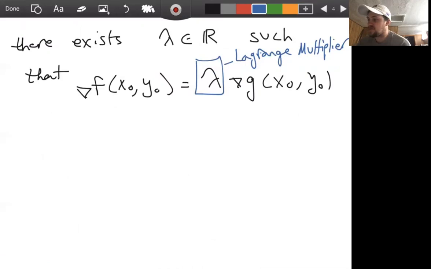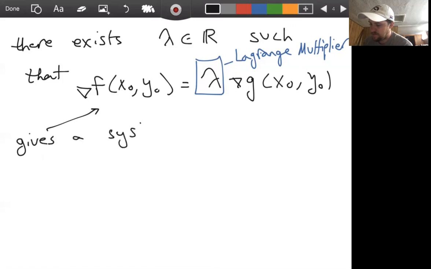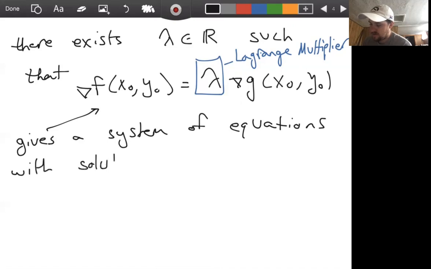And so this allows us to set up a system of equations, with solutions being possible extrema.